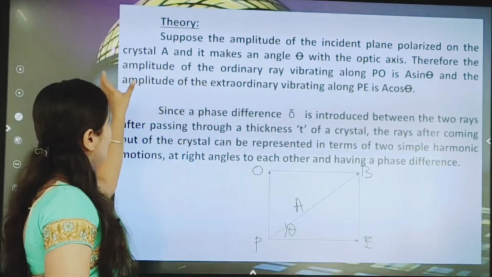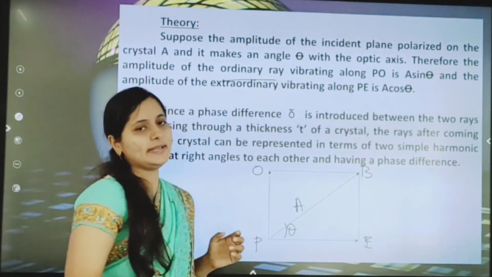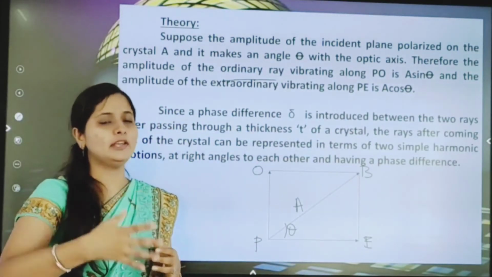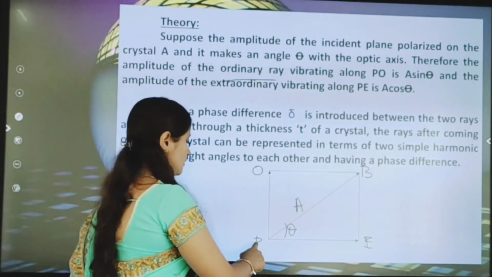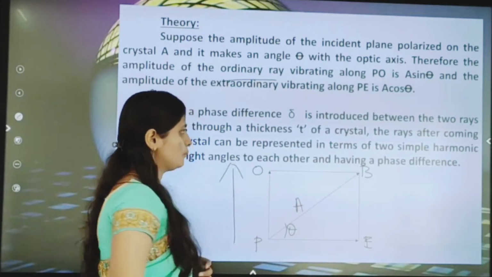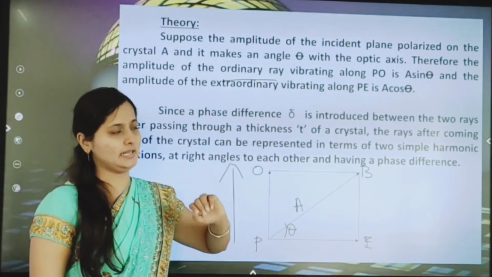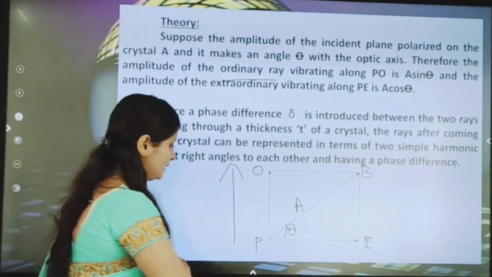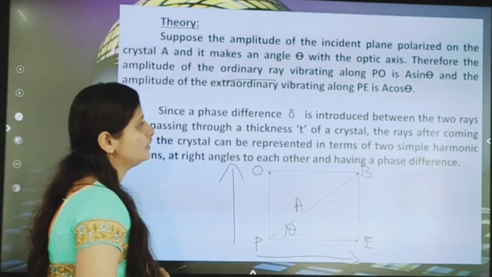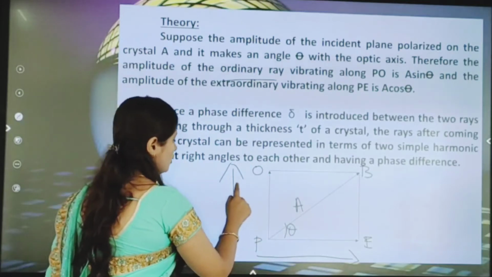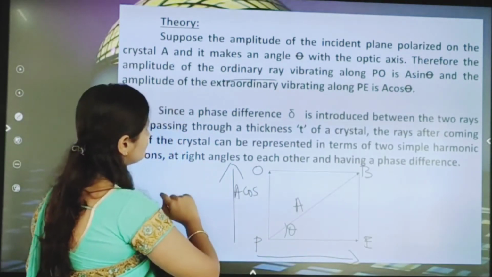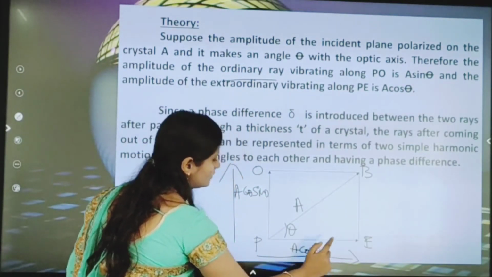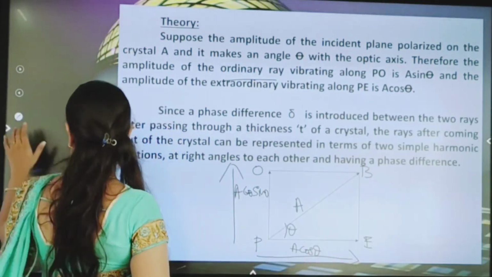Therefore the amplitude of the ordinary ray vibrating along PO is A sin theta, and the amplitude of the extraordinary ray vibrating along PE is A cos theta. This is the explanation of the first diagram, the first paragraph.